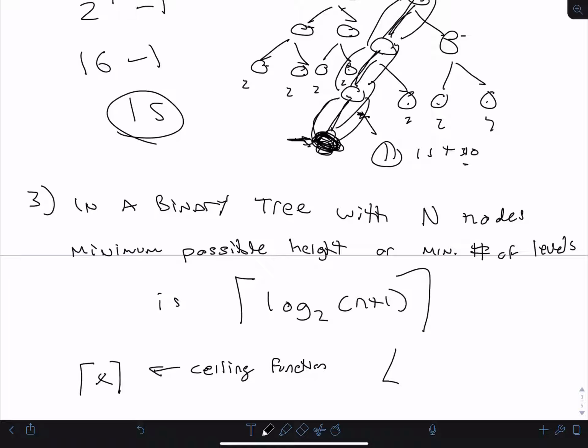There's also the opposite, floor function. What it means is take any number that's not a whole number and then round it up in the case of ceiling or round it down in the case of floor.